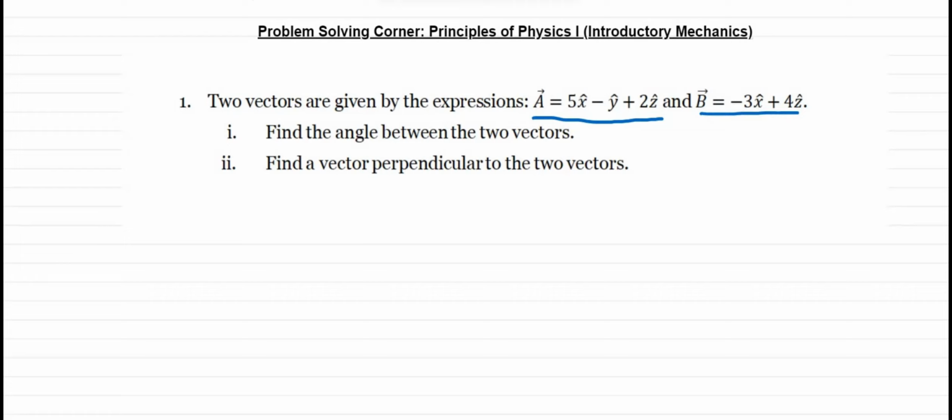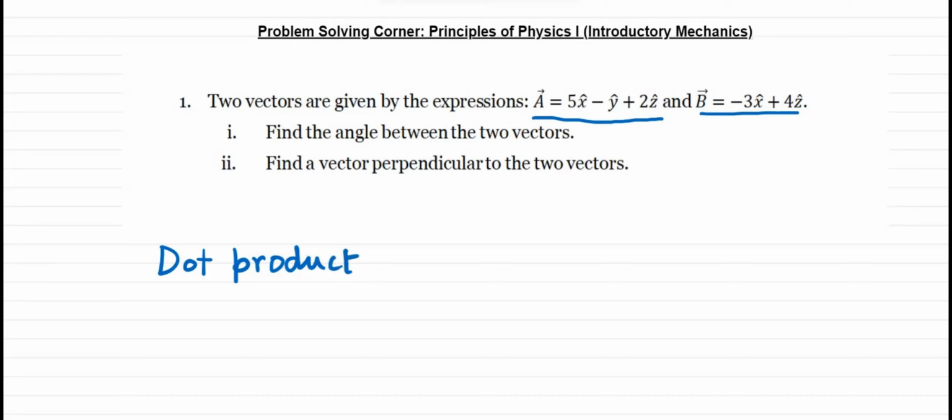The first question is about finding the angle between the two vectors, and in order to find the angle, we'll need to employ the dot product between the two vectors.